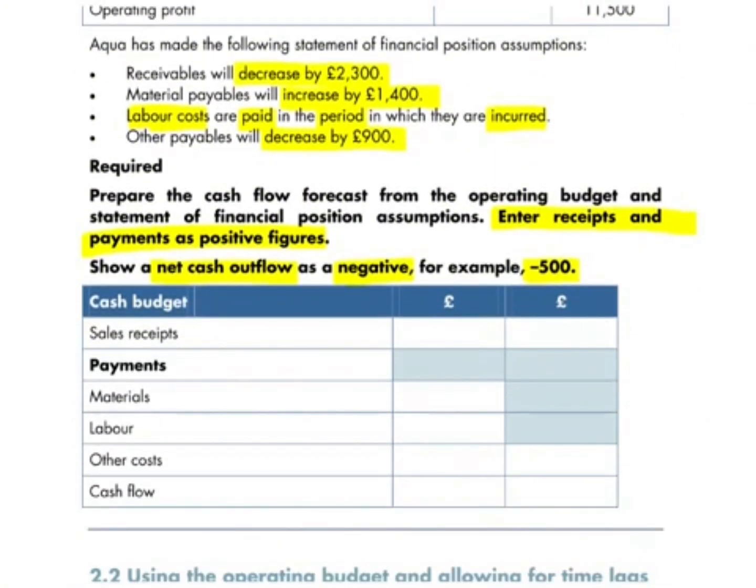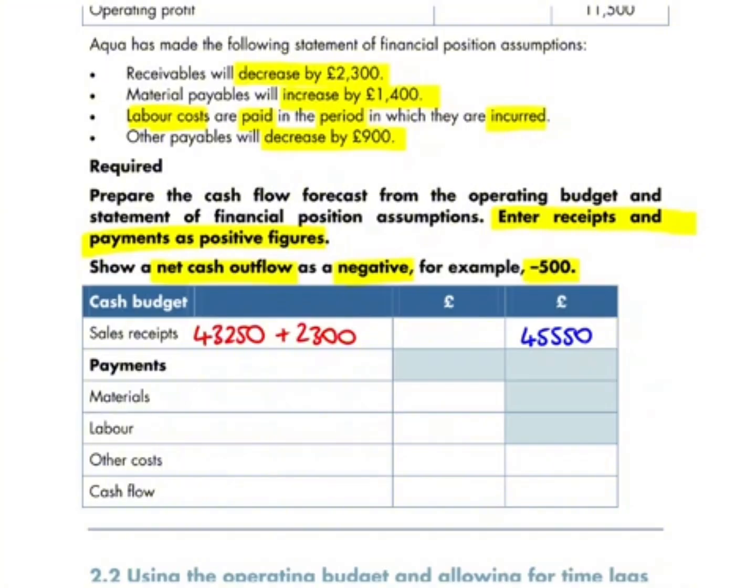So for the cash received from sales, we're going to take our £43,250 from our operating budget, and we're going to add on the 2,300 additional cash that we've received in from our customers. So my sales receipt cash flow is going to be £45,550.